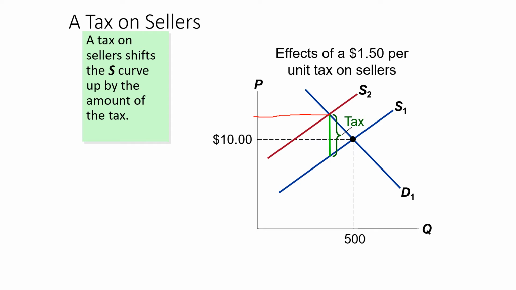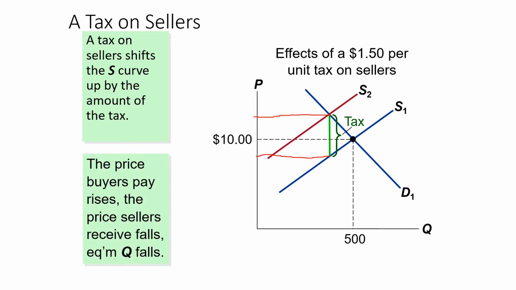But what the supplier actually receives is the red line that is below $10. And again, if we introduce the values, the price the buyer pays rises, the price the seller receives falls, and the buyer pays 11 and the seller gets 9.5.